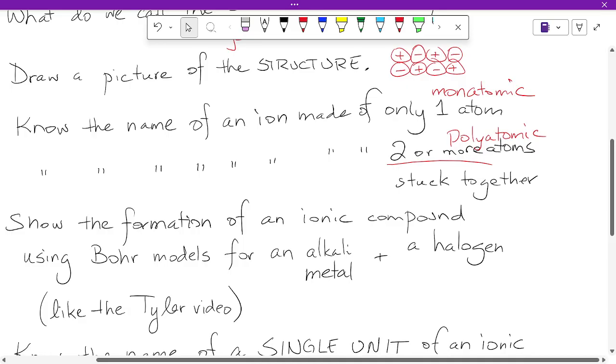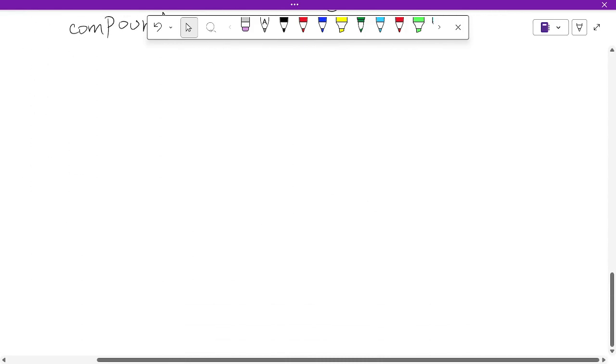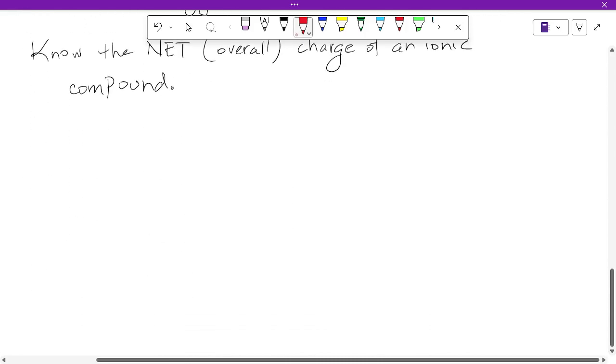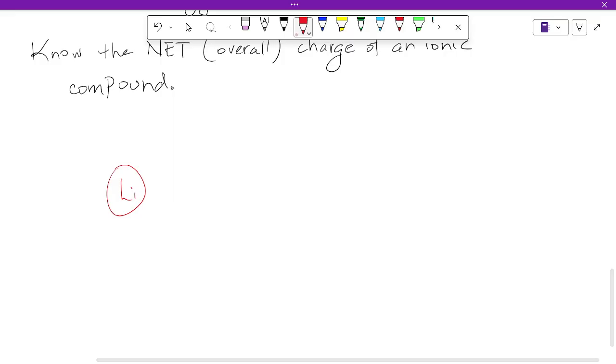Show the formation of an ionic compound using Bohr models. I'm going to do that on the next page because there's not really any room for it there. So maybe I have lithium. How many electrons does it have on its outer shell? Well, it's got 3 in total, but I'm just going to show the outer shell.